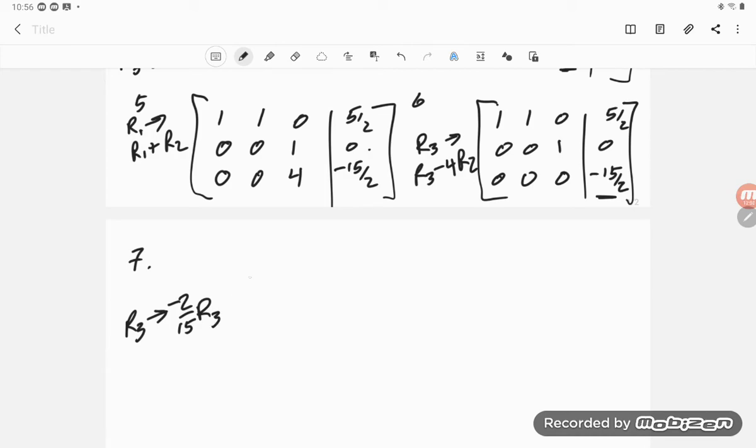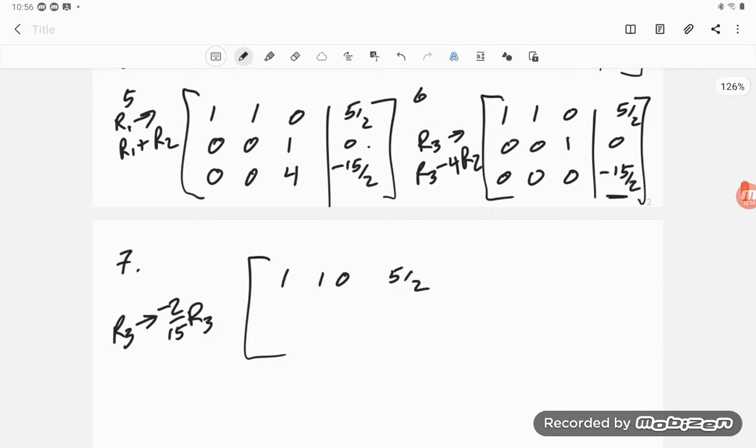And when I do that, I get 1, 1, 0, 5 halves, 0, 0, 1, 0, and 0, 0, 0, 1.